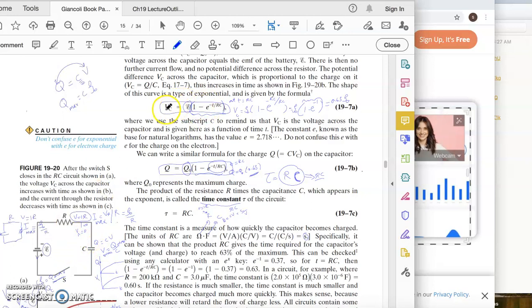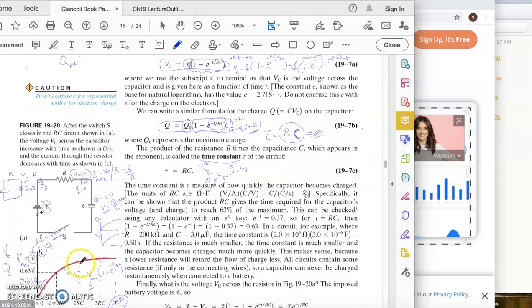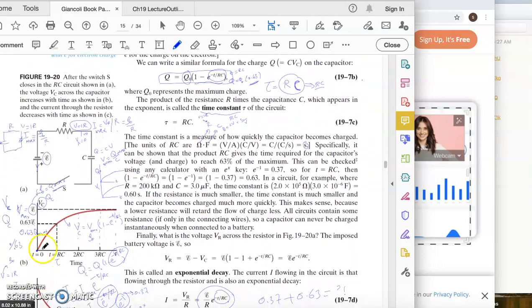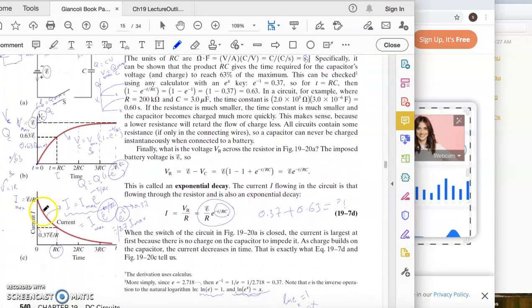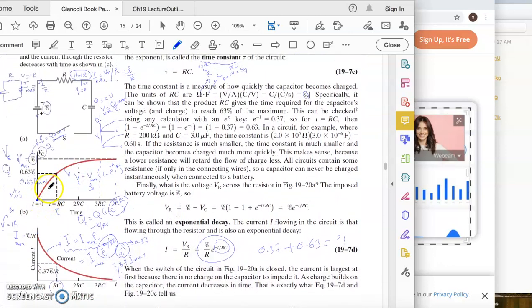I will recall this equation for the voltage of the charging process, which is increasing exponentially by this kind of curve. This is the voltage across the capacitor.